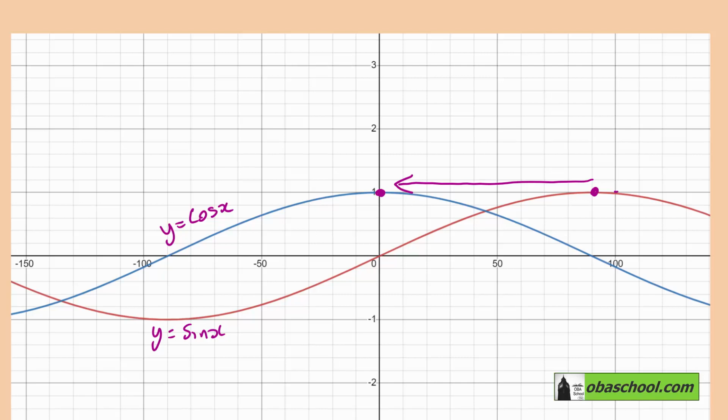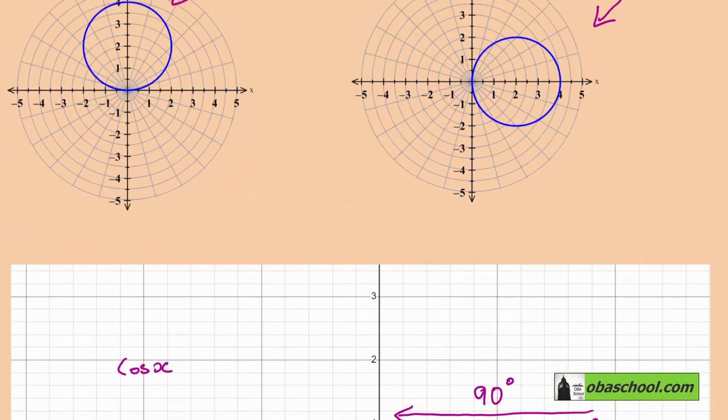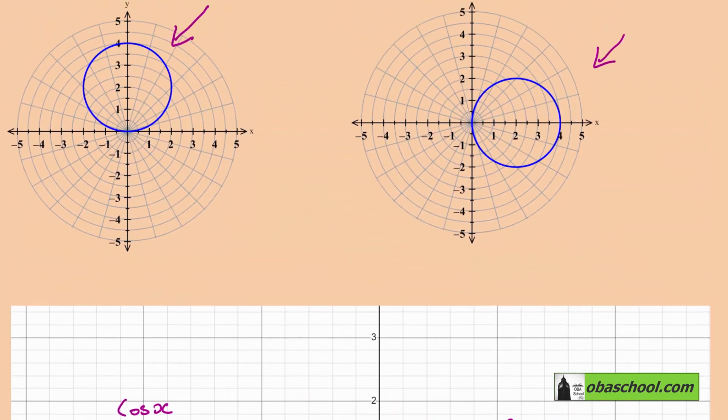In other words, cos x has a 90-degree translation compared to sin x. And we can see here that if we rotate this around 90 degrees, then we get this one.